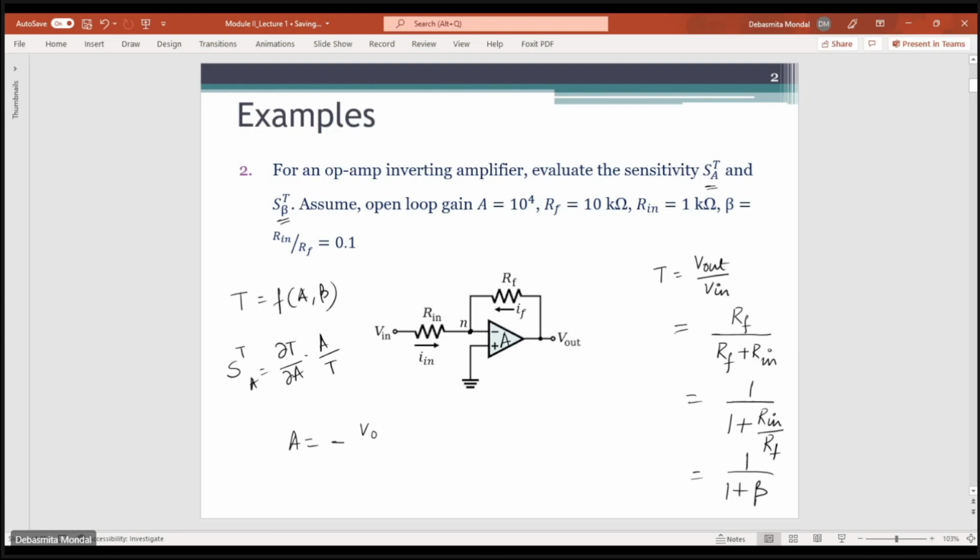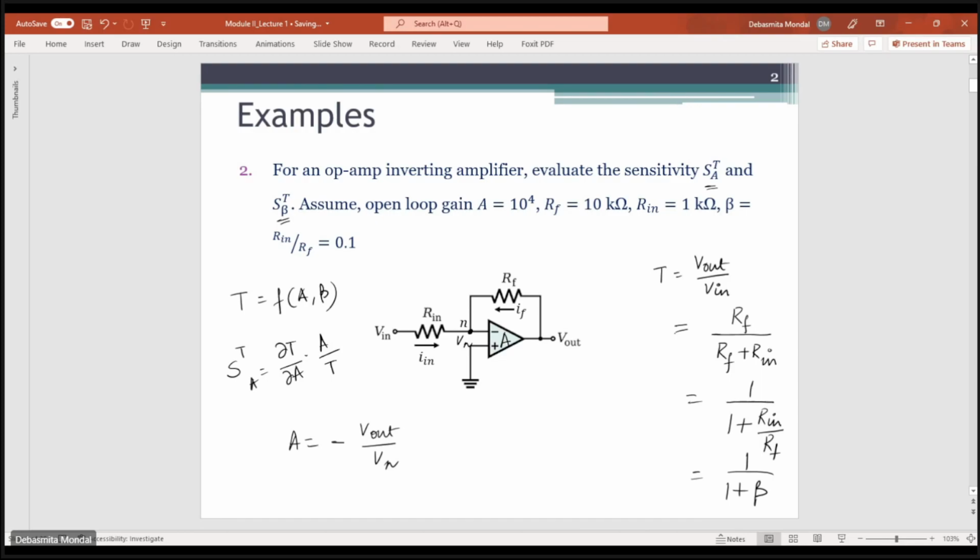So if this value is Vn, it should be A equals minus V out by Vn, not V out by V in. V in will come into the picture when you have a feedback path which is already connected.